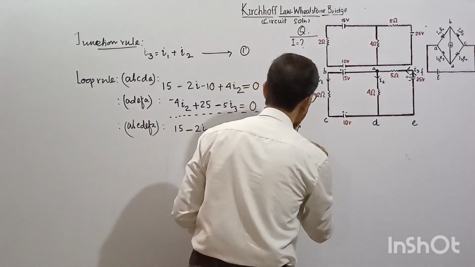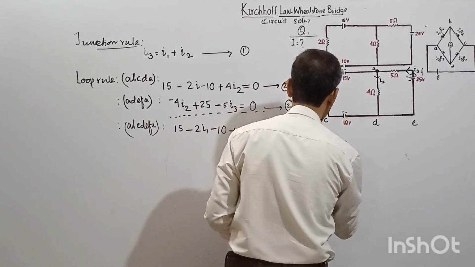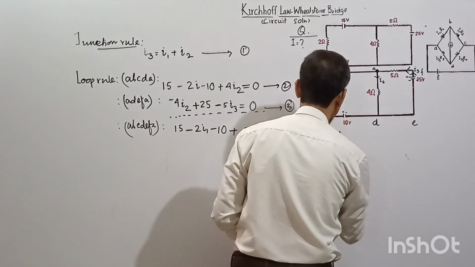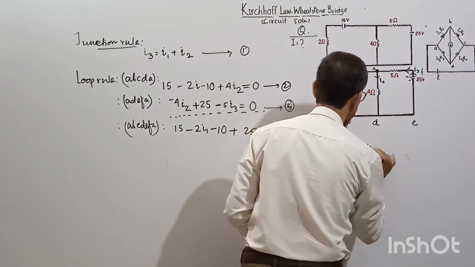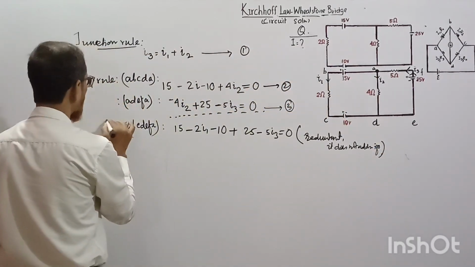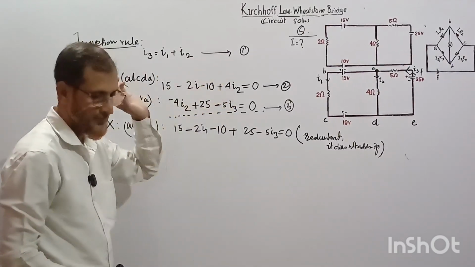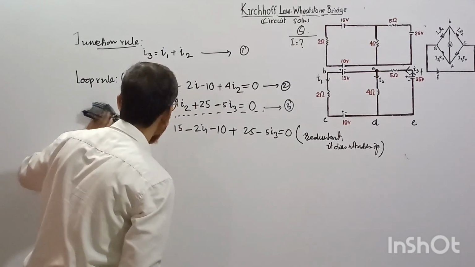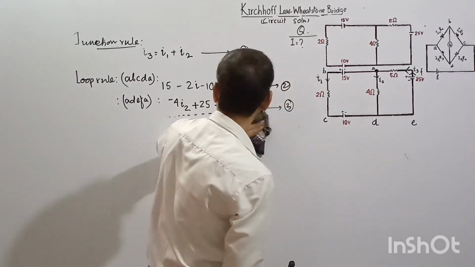So this is nothing new, it is redundant, because it does not give additional information. We don't require this equation, these equations are already there. So we will efface this equation. Am I right? We have checked it.